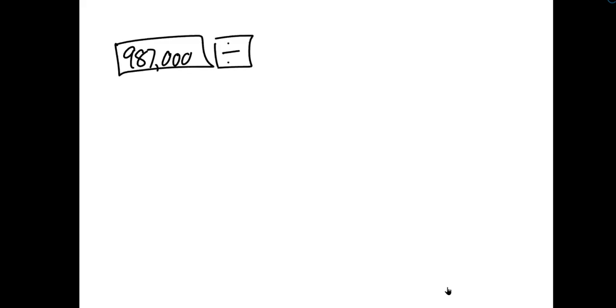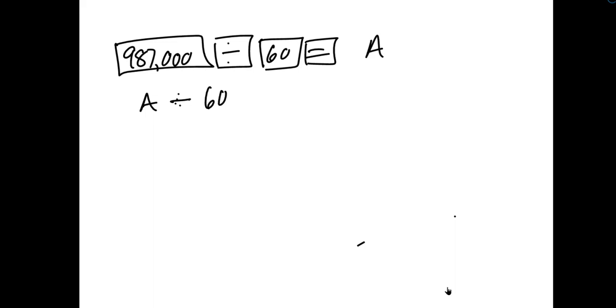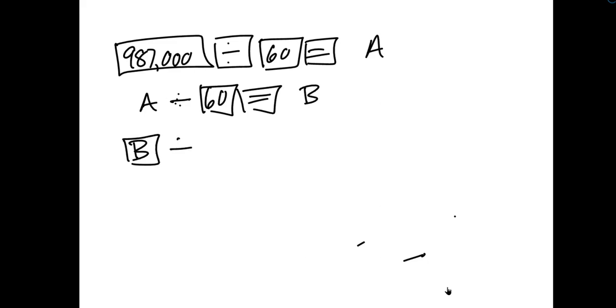Okay, what you do is you enter 987,000. Okay, you divide by, I think the first one we had was 60, right? You divide by 60, you equal it out, and you get a number, A. Then take whatever's in your calculator, divide by 60 again, equal it out, you get B. Then whatever B is, divide by 24, and that'll give you your 11.4 days.